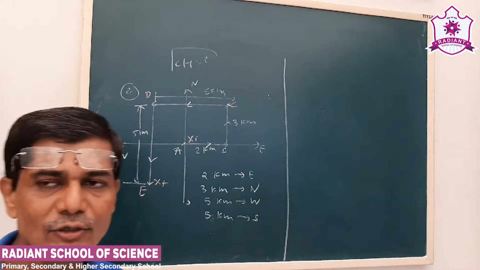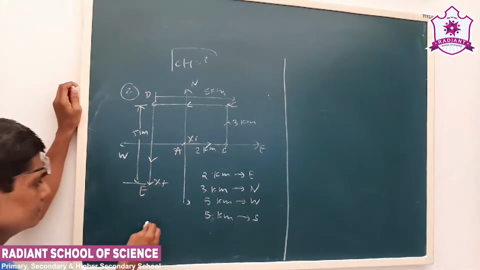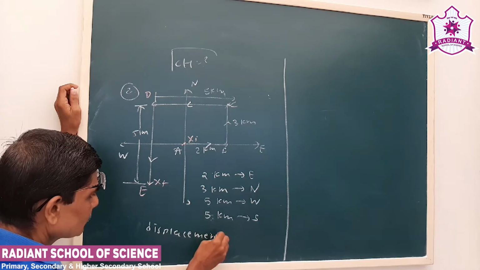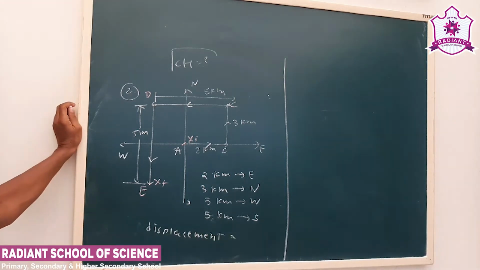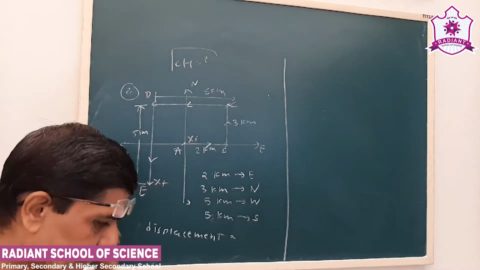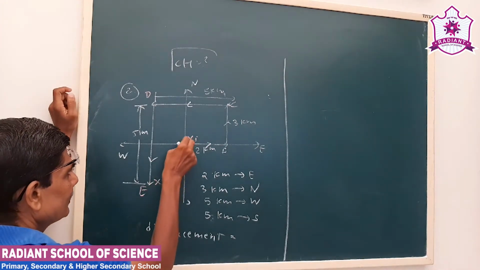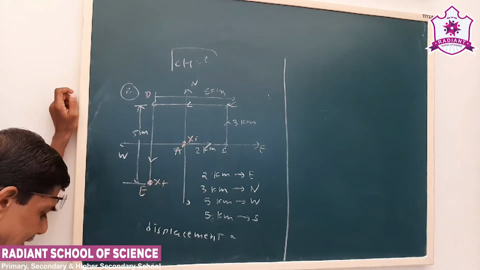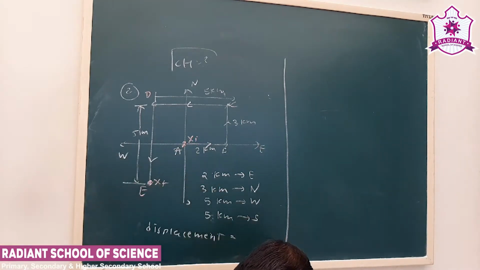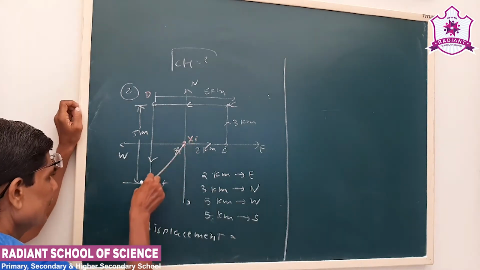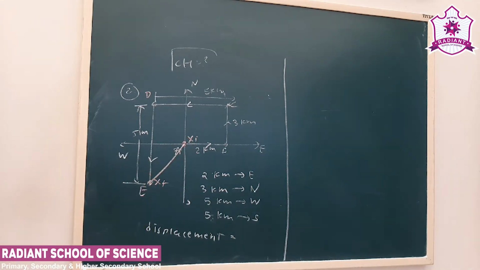Displacement has nothing to do with the path followed. It only connects the initial and final position. So the line joining these two will be the displacement. So AE is our displacement.